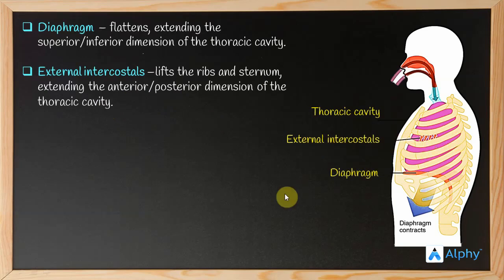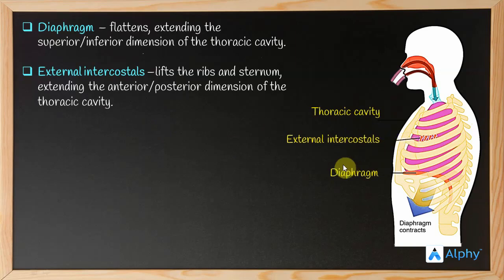When the external intercostal muscles contract, like you can see in the image as well, the arrows are pointing upwards, which means the muscles are contracting. They will lift the ribs up along with the sternum, which will increase the dimension of the thoracic cavity in the anterior posterior direction, the front and the back space.